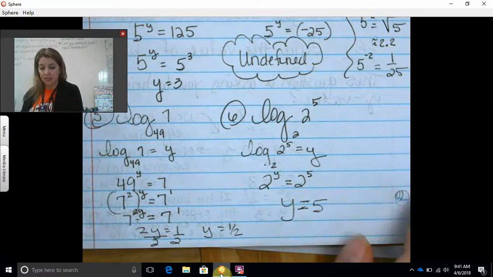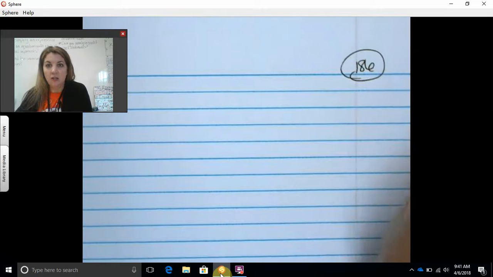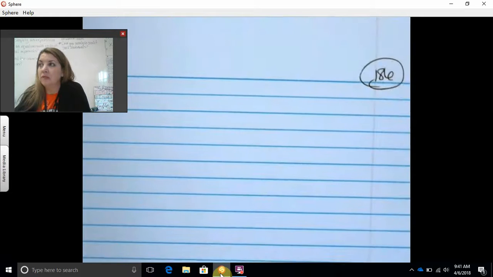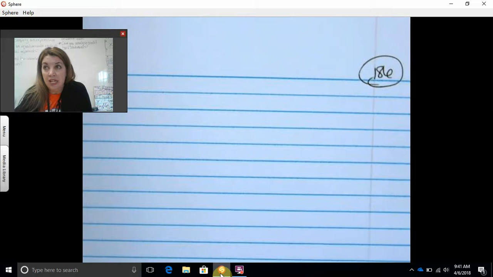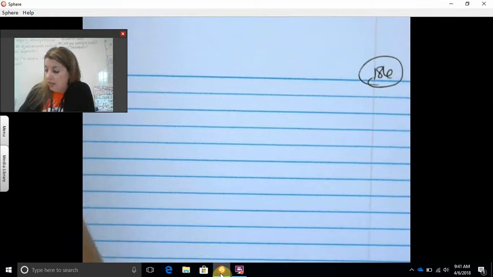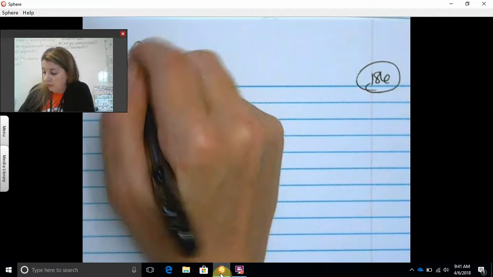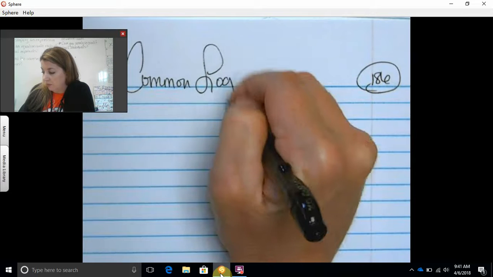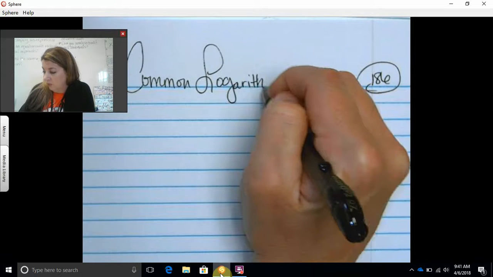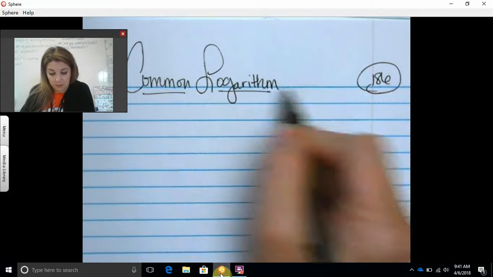All right, page 186. Now let's talk about common logarithms, which you already heard me say that if you see a logarithm and there's no base written, that's referred to as a common logarithm, and that means that your base is 10. It's implied that there's a 10 there. That is called a common logarithm.